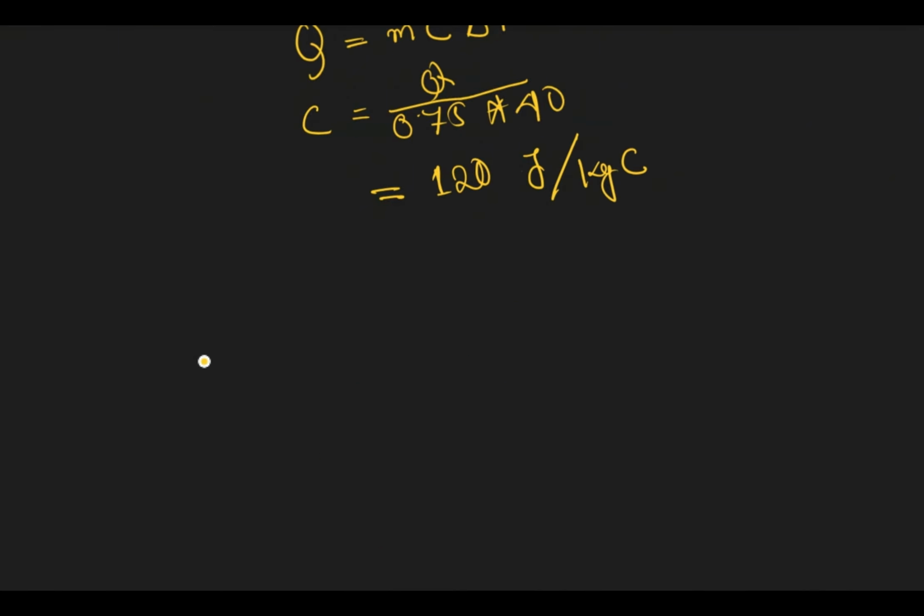To find out the name of the material defined by the specific heat from the table, of course in this question there will be a table given with a couple of material names and their specific heats as well.